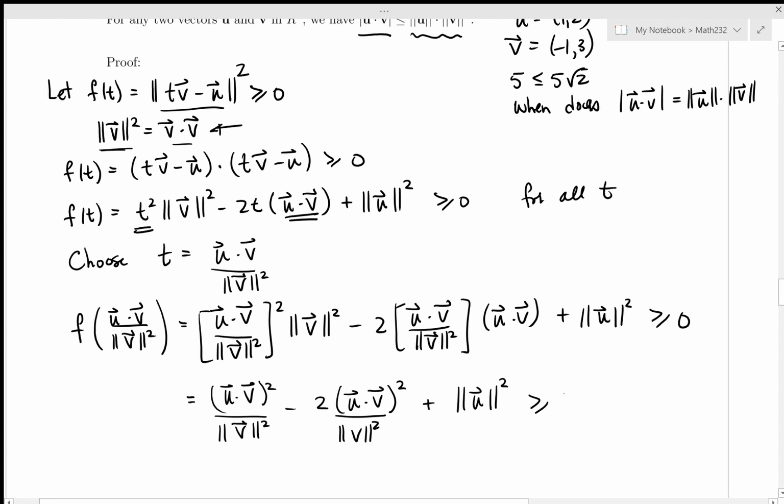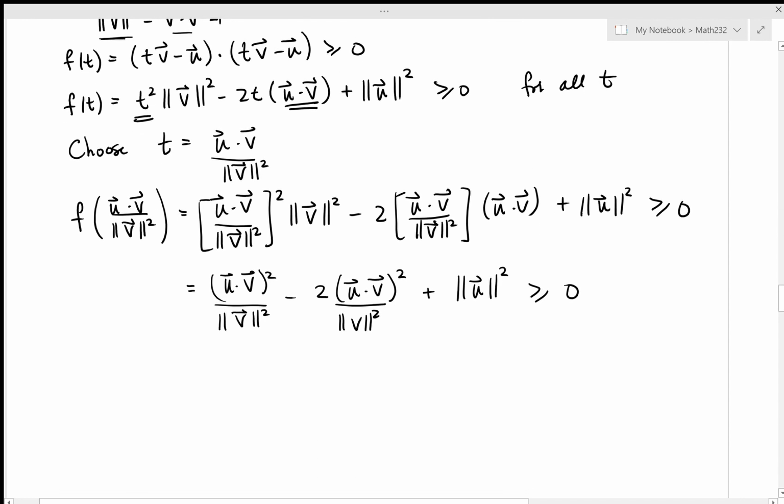That's greater than or equal to 0. It's really algebra, isn't it? Now I don't really care about the original expression anymore. I've now got an expression that is greater than or equal to 0. You might be able to see what's about to happen here. It's getting highly exciting. I'm going to multiply through by the norm of v squared.